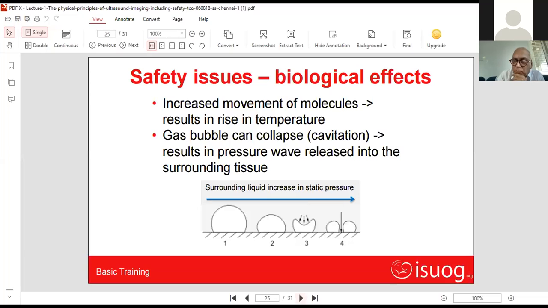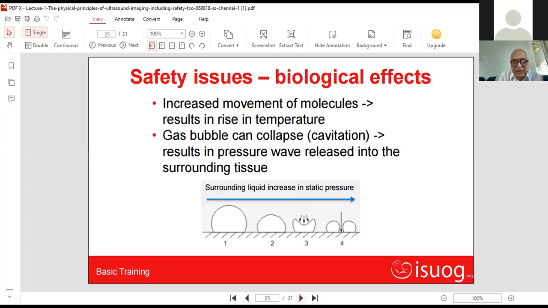Also, because all our tissues have some liquid, some gas bubbles will be formed, and when they collapse, there will be a cavitation effect. It results in a pressure wave release into the surrounding tissue.